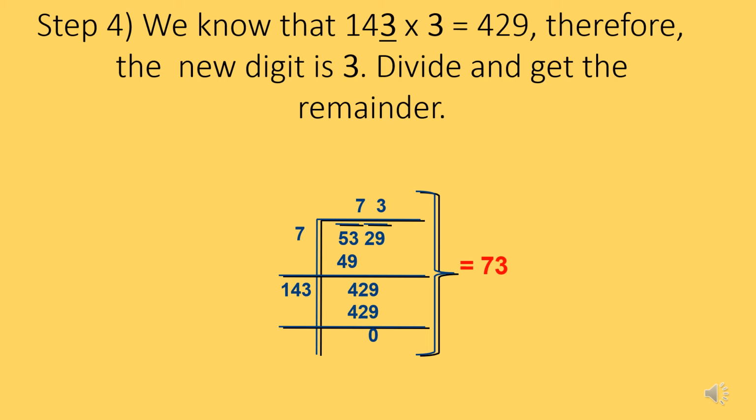Whatever digit you want to put in that blank, by that same digit you have to multiply the divisor. It means you have 14, and if in the blank you want to put digit 1, you have to multiply 141 with 1, which gives you 141.